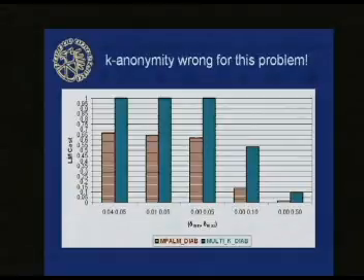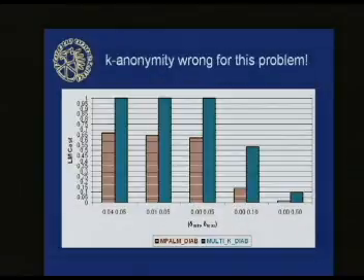a straightforward technique on the left side, the bar histogram, a fairly simple technique which tries to directly optimize towards this delta presence measure, with one of the better k-anonymity algorithms that's out there.